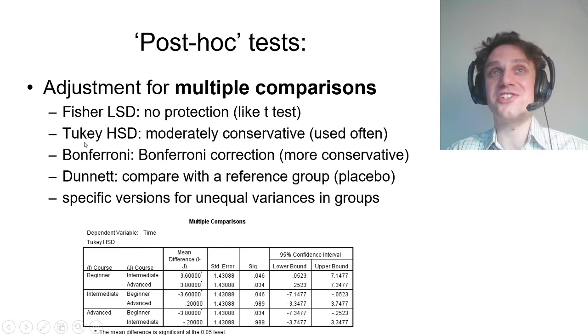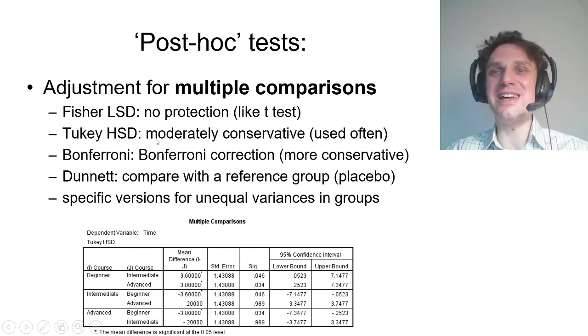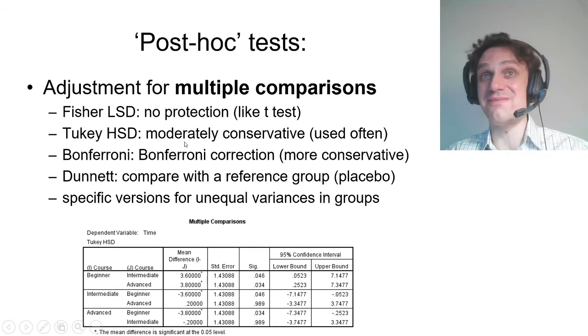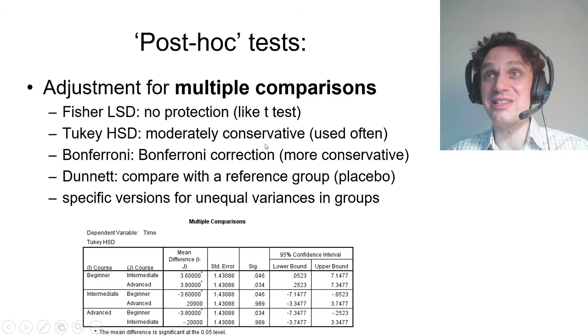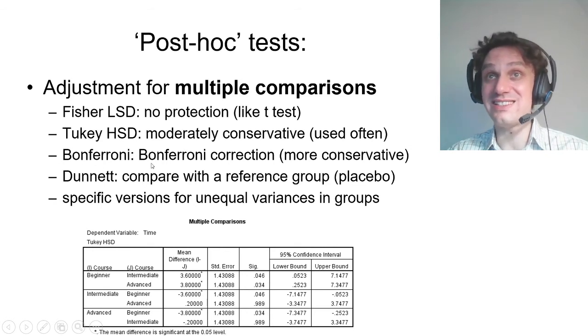A more common version is called Tukey HSD. HSD is for honestly significant difference. And it makes a moderately conservative balanced adjustment, which is probably the best in most situations. If you want a very conservative adjustment, it's the Bonferroni test.